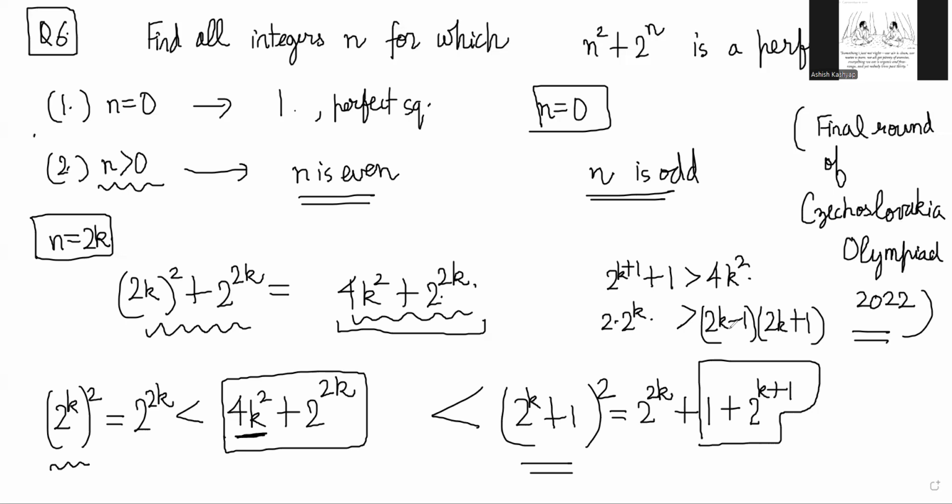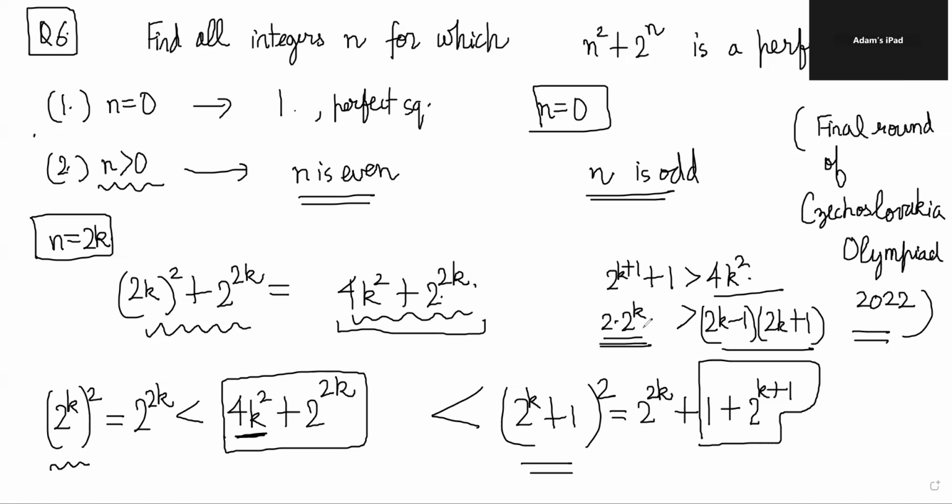This is like a quadratic expression here. This side is exponential. Most likely this will be bigger. You can possibly prove it by induction. For k is equal to 1, what happens? Even for k is equal to 1, it is bigger, right?